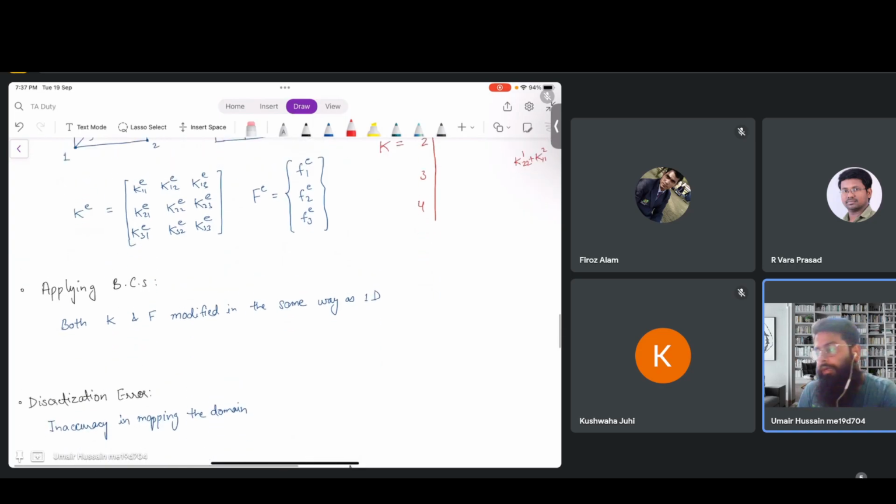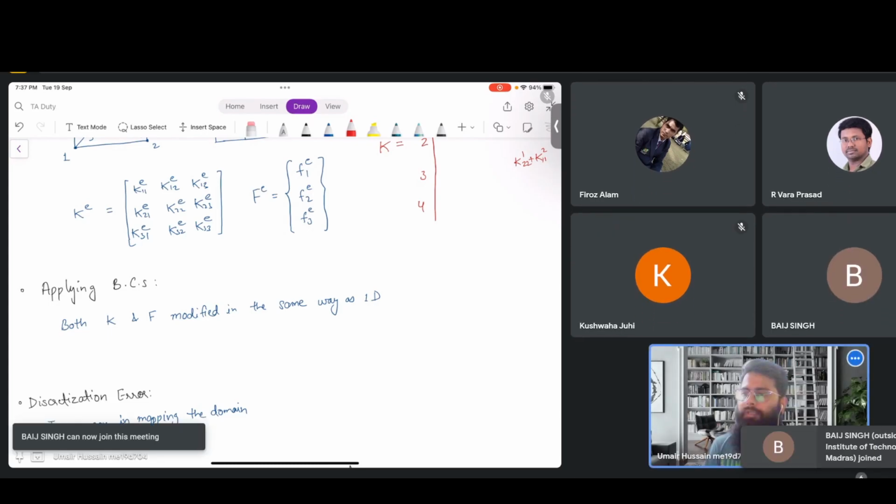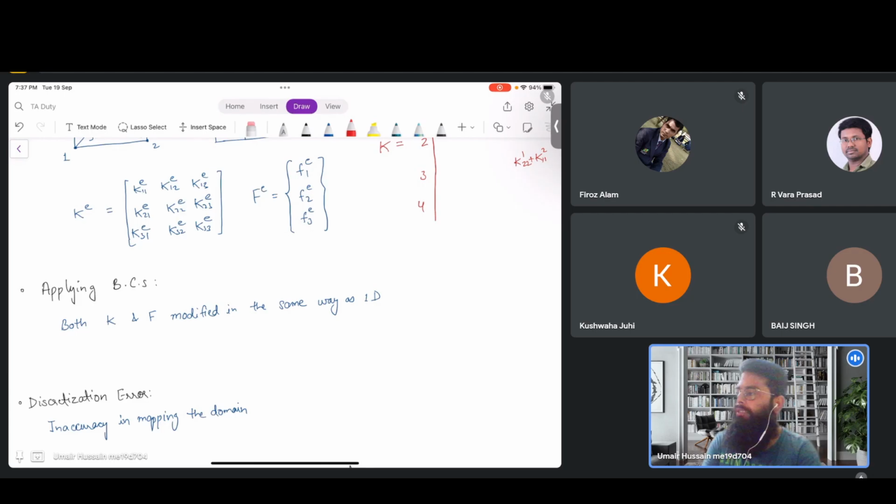One thing different here in 2D compared to 1D is that a new kind of error is there. FEM is an approximation method, so there will be some error in the solution. In 1D there is some error, and that's the same in 2D. But in 2D there's a different kind of error that's not present in 1D.